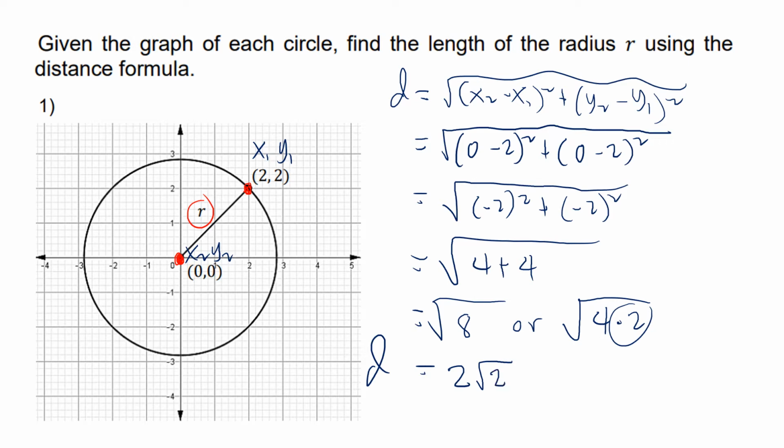Therefore, the distance between the origin and this coordinate is 2 times the square root of 2. Since we are talking about the radius, we can just substitute d with r. So r is equal to 2 times the square root of 2. This is now the length of the radius. You can change this to a decimal using a calculator, but this is the exact answer for the length of the radius.